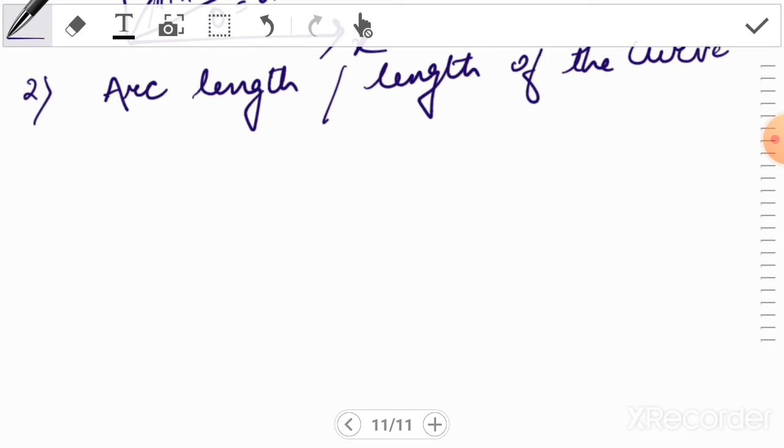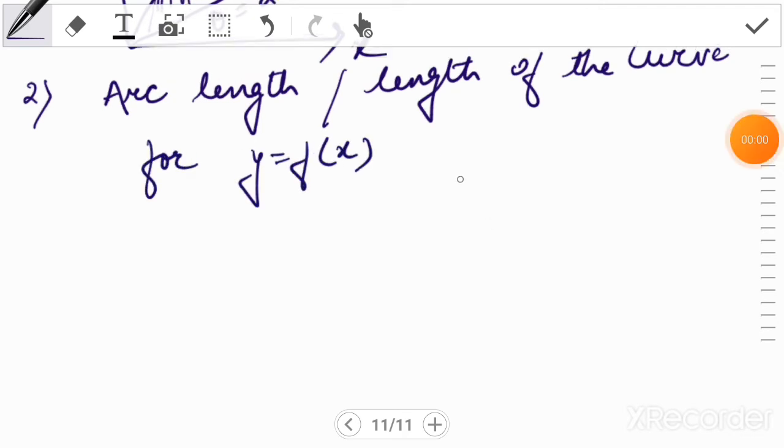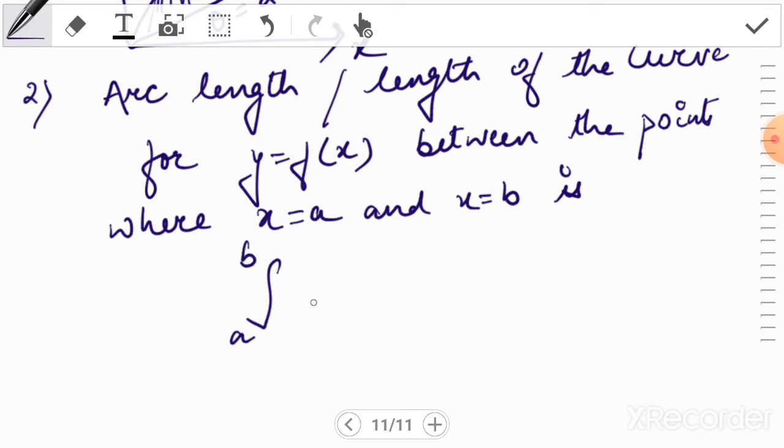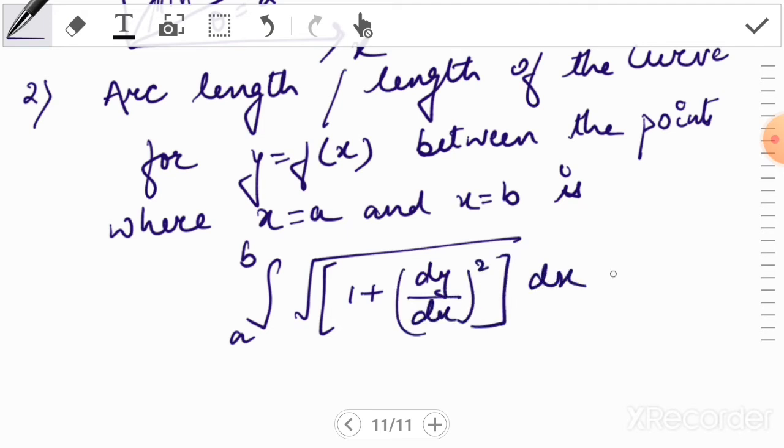Okay, so for Cartesian form, for y = f(x) between the points where x = a and x = b, it is given by integral a to b root under 1 plus (dy/dx) whole square dx.